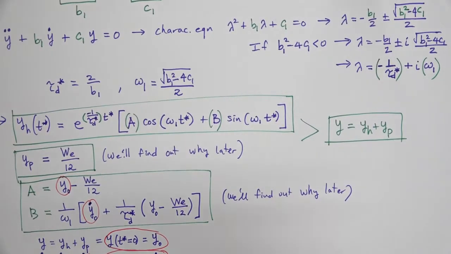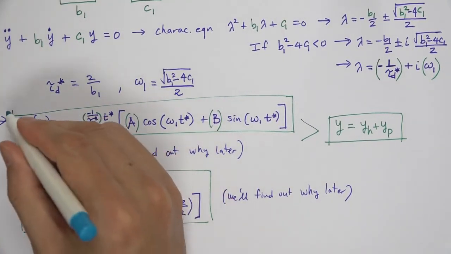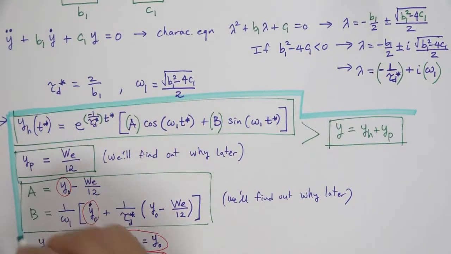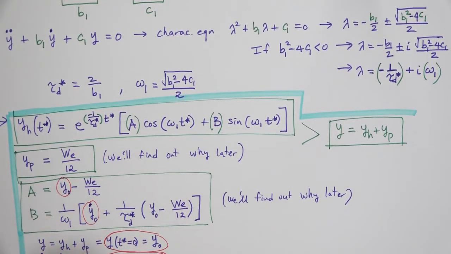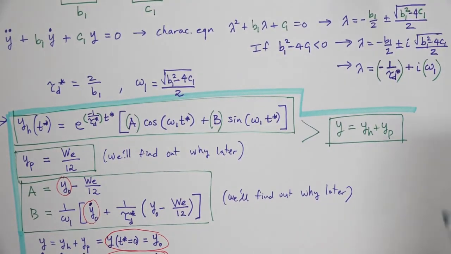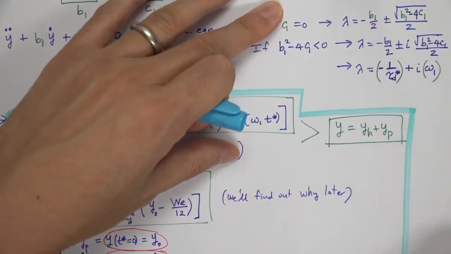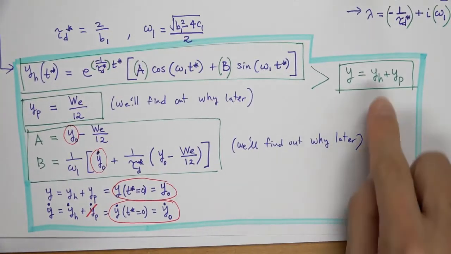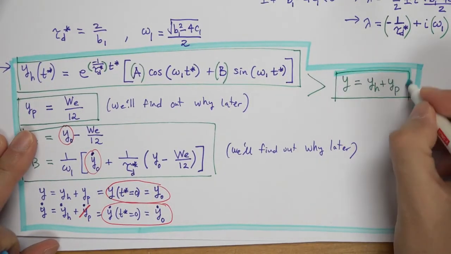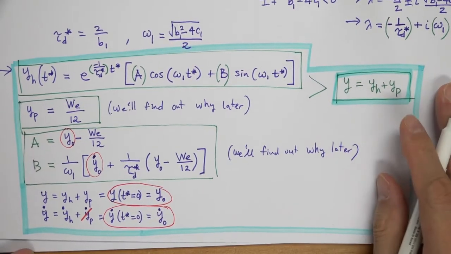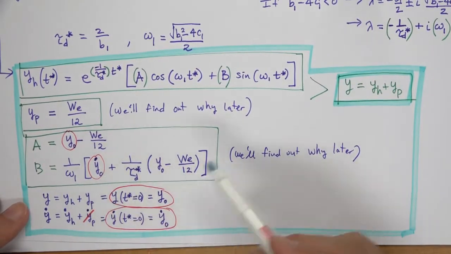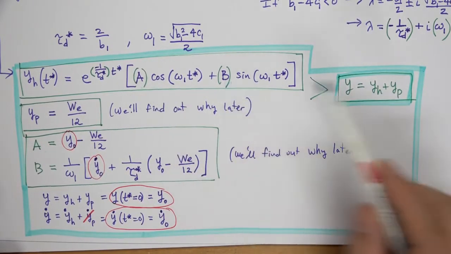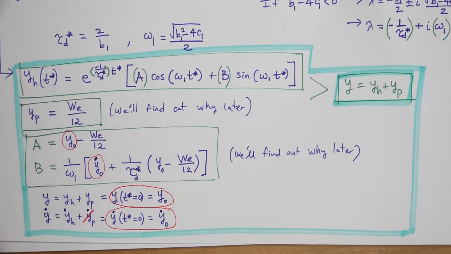Let me box this, with this initial condition. So that's the solution right here. This is your final solution. Now, in the previous lecture, I didn't show you how I got the constants A and B for this one, but I'll show you that today.